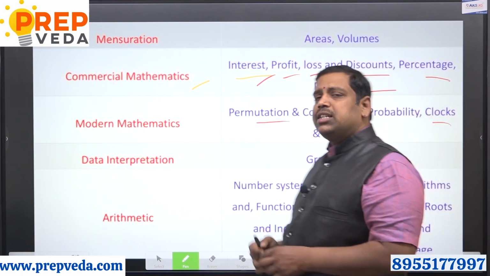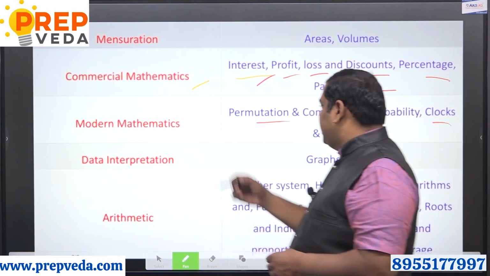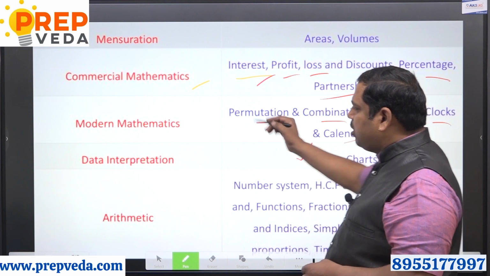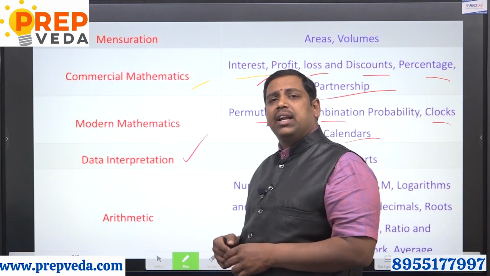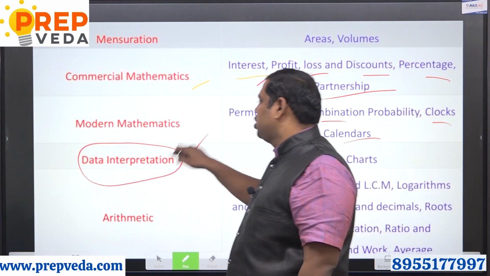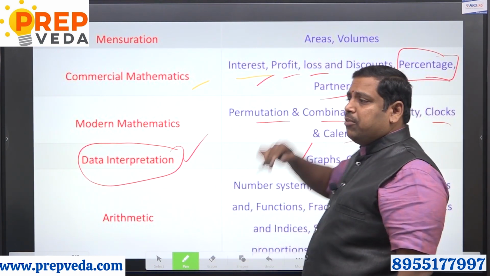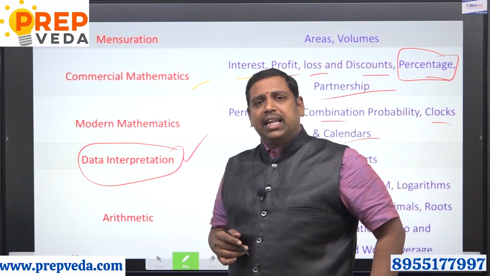Of course, clocks and calendars we can discuss even in reasoning. And coming to data interpretation, the most beautiful one, undoubtedly you will get more and more questions from data interpretation. Be careful. If you want to be perfect in data interpretation, you should be perfect in percentages as well as the calculation part. Don't worry, for calculation we will discuss even Vedic maths.